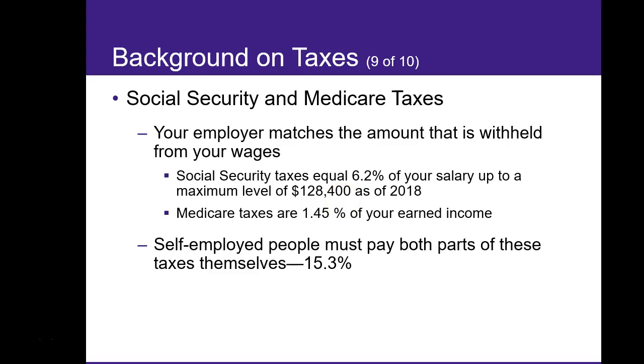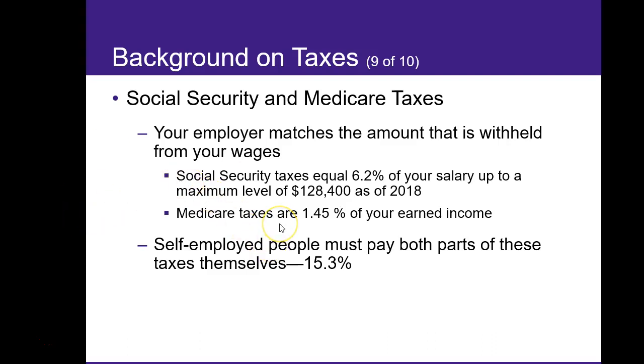So when it comes to paying the Social Security tax, there is a maximum earnings base, which means once your income exceeds that dollar amount, you're not required to pay any more Social Security taxes for the rest of that tax year. That amount as of 2018 is $128,400. Read your textbook to get the amount that it was as of 2015.